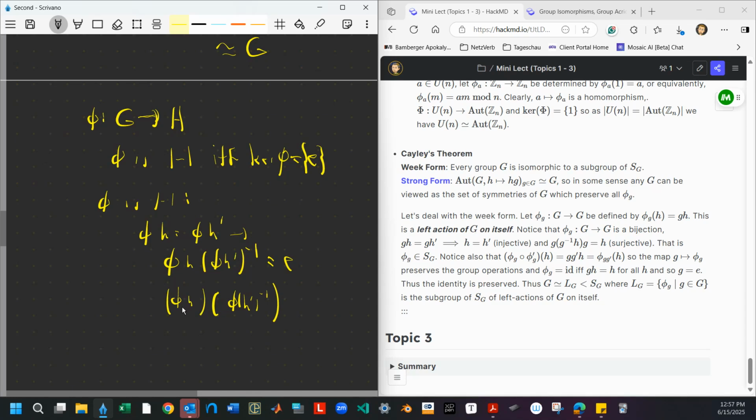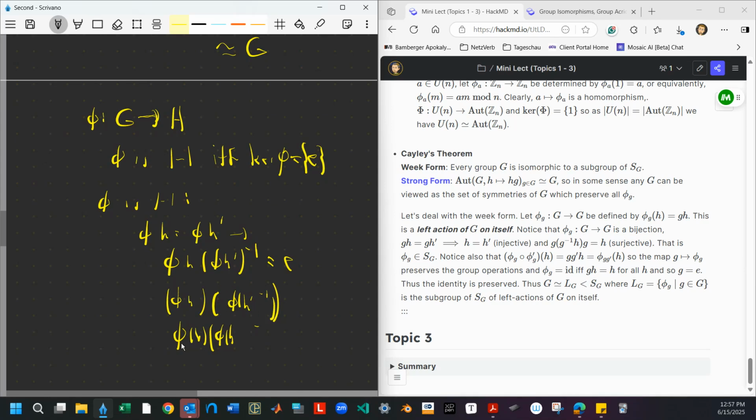And so I can combine, well, let me do one more. So phi of h prime, let's put parentheses all over the place. So phi of h prime inverse, quantity inverse, is phi of h prime inverse.